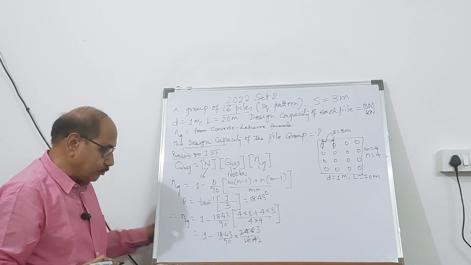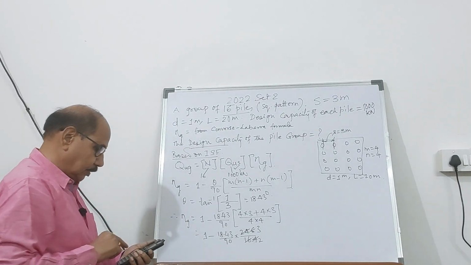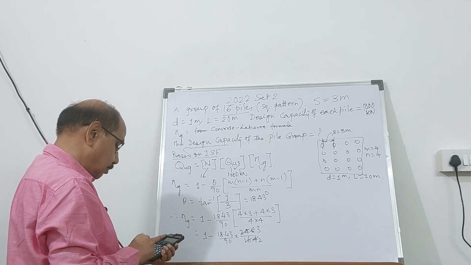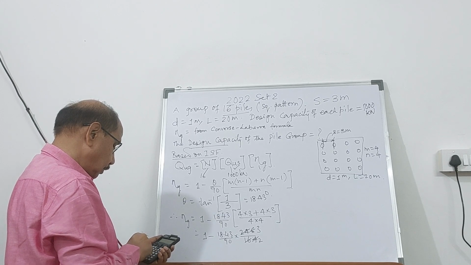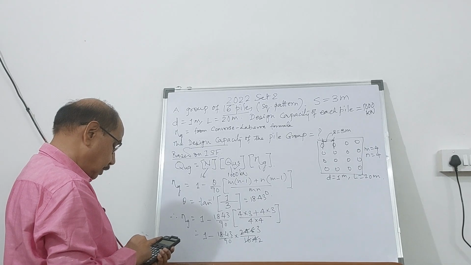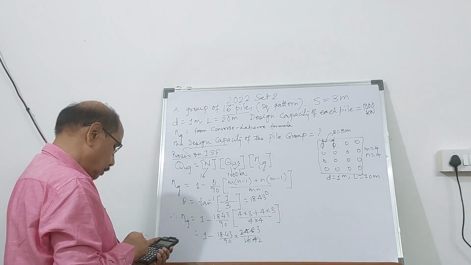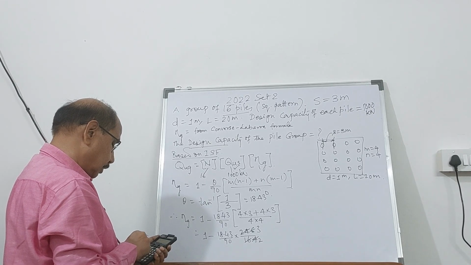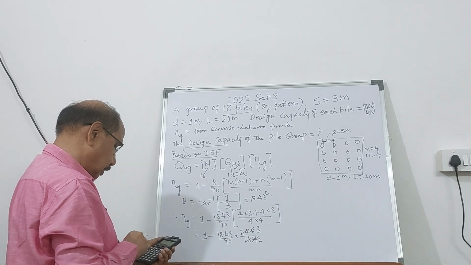So let us calculate and simplify it. So easy to calculate now. We have 1 minus 18.43 into 3 divided by 180.